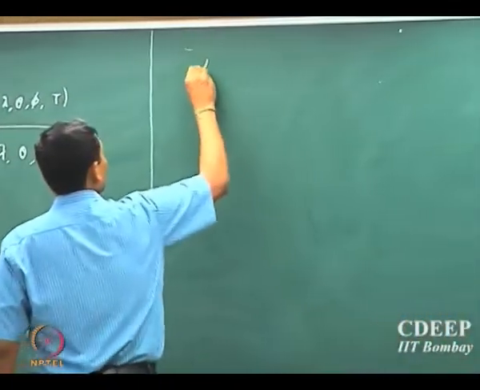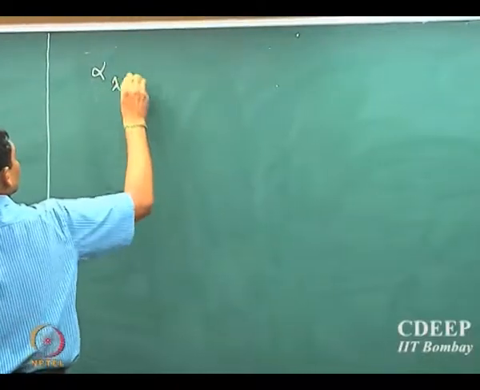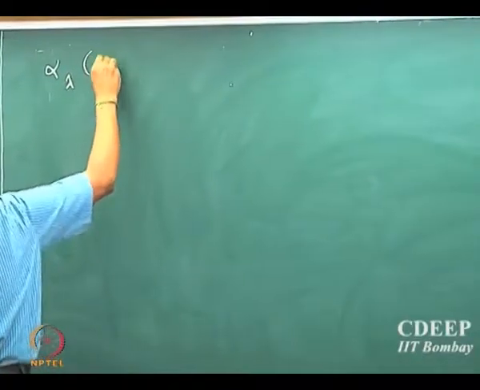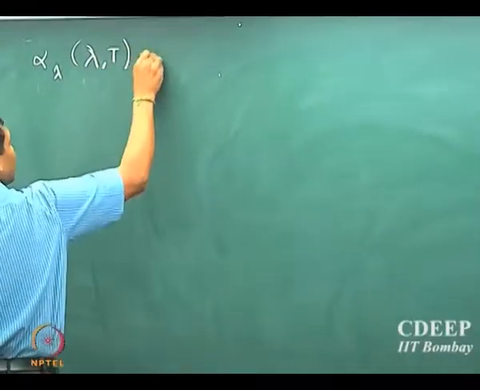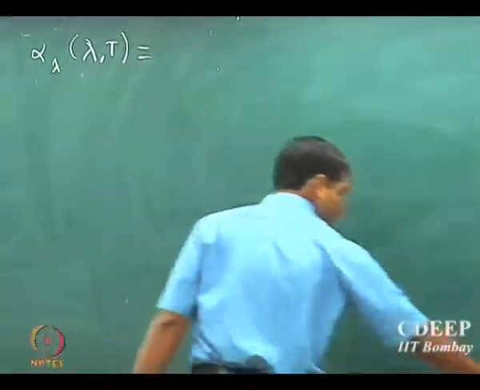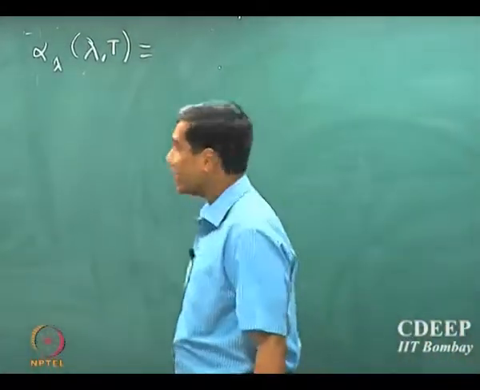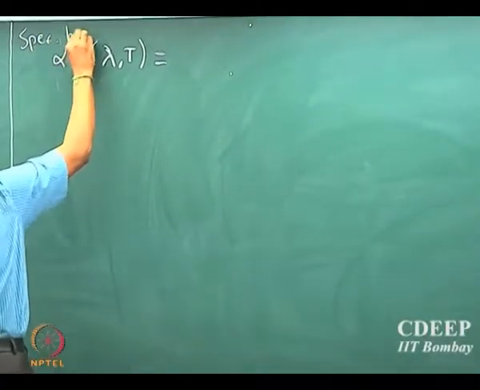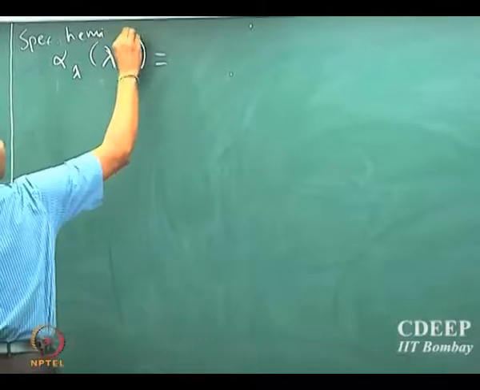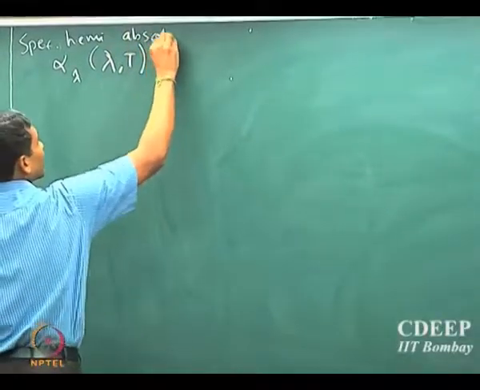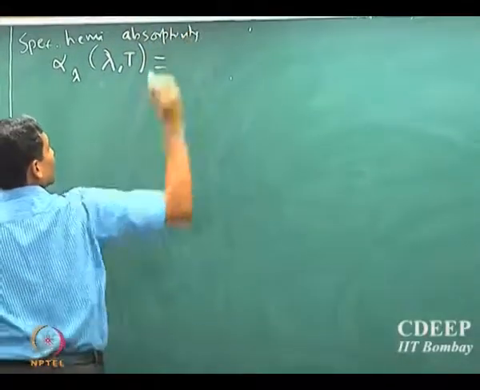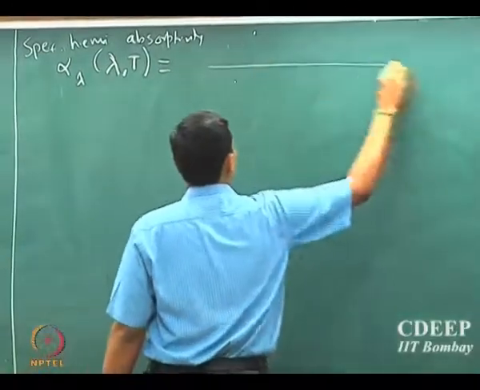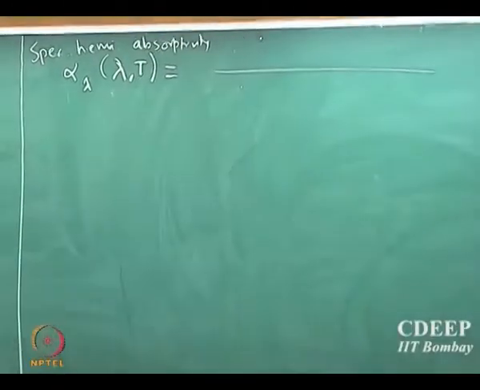So we can define quantities called the spectral hemispherical absorptivity, and that's defined as, what will be the definition?